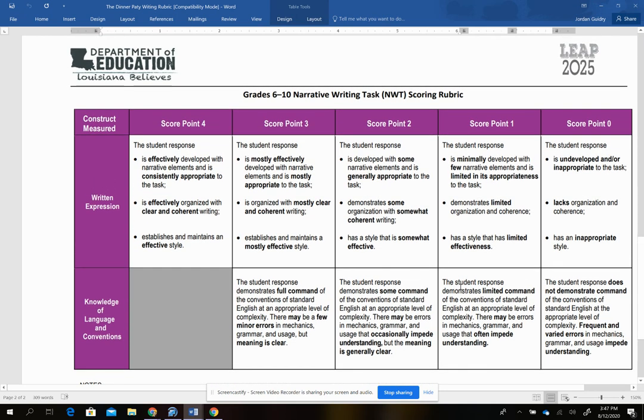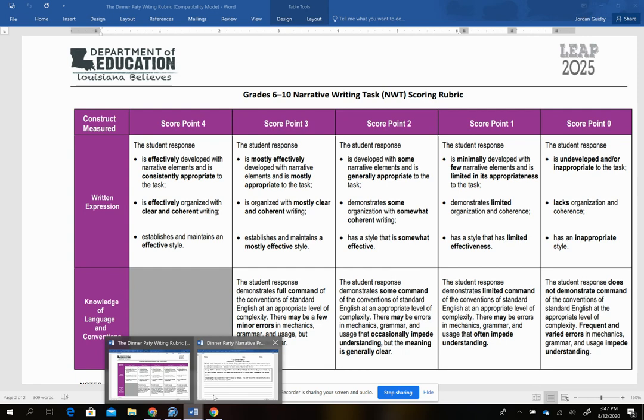So we're not going to be scoring your reading comprehension of the story per se when you're writing, but how you finish the story. So could you finish the story in an effective manner that is going to keep me, the reader, interested? So I hope this helps you better understand your writing prompt and how you're going to be graded. So one more time, let's go over your prompt.